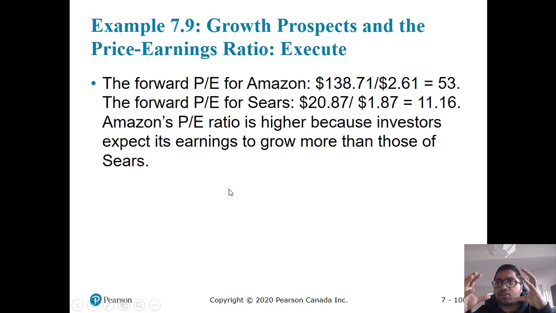So if you find two comparable companies, and one has a significantly higher price earnings ratio, the difference can be attributed to future growth. If investors think that one firm is going to grow faster than the other, they can assign a higher growth rate to that firm, and in that way the forward PE can be higher.